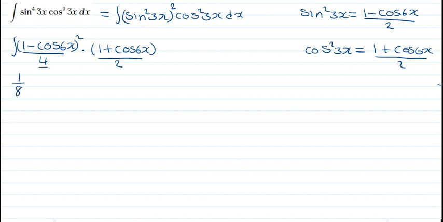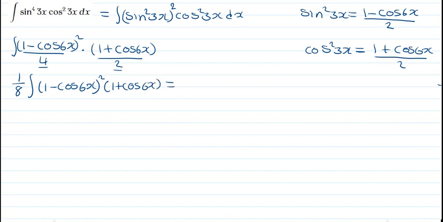When you multiply 4 by 2, it's 8. You take it outside of the integral. We're going to have 1 minus cos 6x raised to the power 2 multiplied by 1 plus cos 6x.